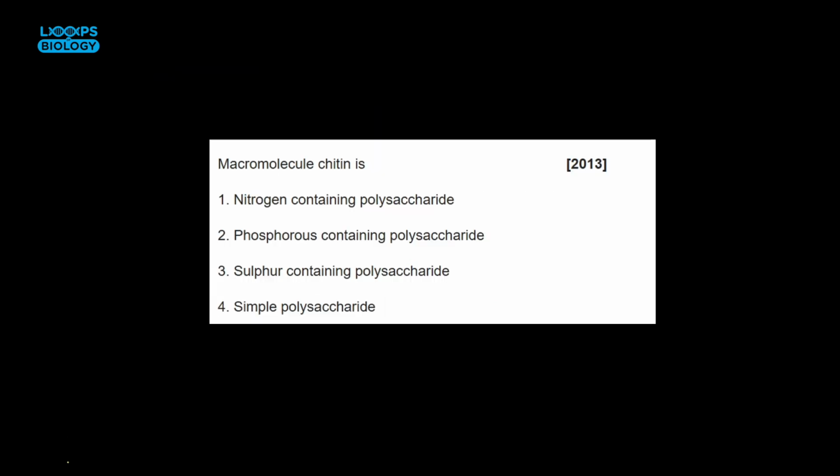That is nothing but your first question. Now, some of the concepts I am going to cover inside the question itself. Macromolecule chitin. This chitin is basically used as exoskeleton in the phylum Arthropoda.